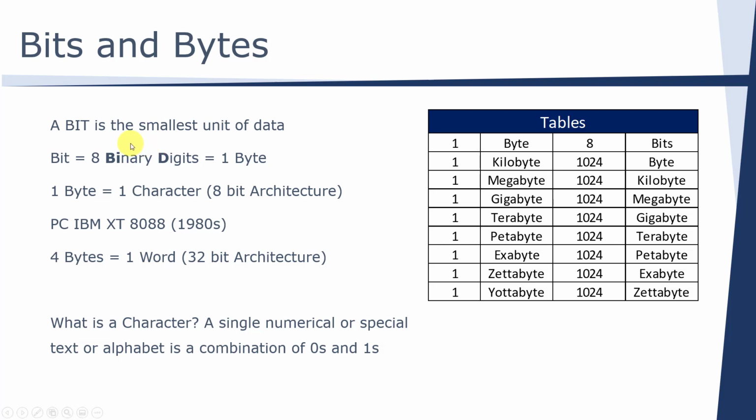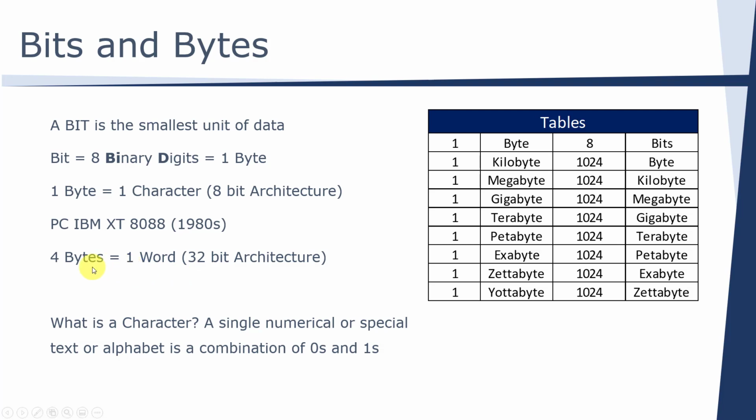So back in the old days when we had the IBM XT 8088, back in the 1980s, you had the 8-bit architecture. So at that time, 8 bits equaled 1 byte. Now, currently with the 32-bit architecture and 64-bit as well, we have 4 bytes equal to 1.